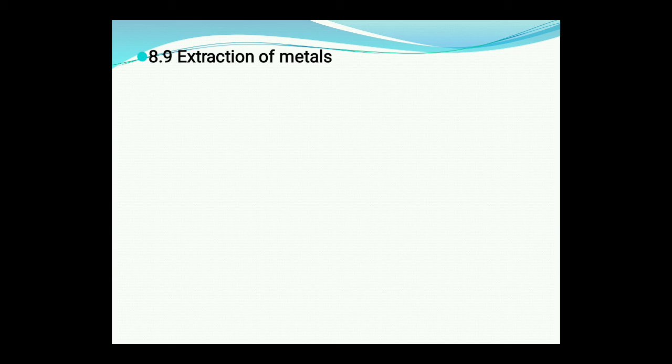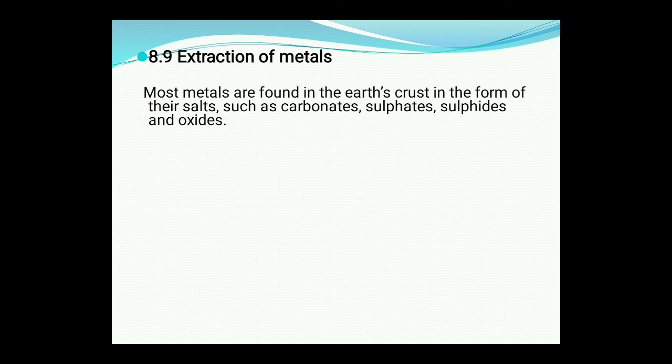Now, extraction, what does it mean? Extraction, in short, we can say it is separation. Most of the metals, where they occur in nature, occur in the earth's crust in the form of their salts. And these salts are naturally with non-metals because metals have a natural tendency to react with non-metals to form compounds.